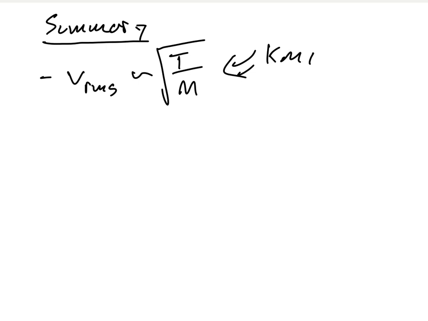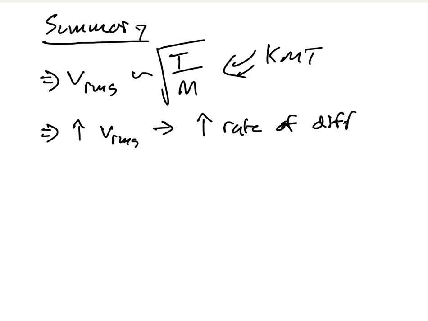Okay, so what we've seen here is really an application of this concept of VRMS, and seeing how VRMS is directly proportional to the temperature, inversely proportional to the mass, and of course these show up as a square root. And we've seen how this relationship that was born out of the kinetic molecular theory talked about in the previous lecture gave us some important practical ramifications. We saw that a higher VRMS corresponds to a faster rate of diffusion.